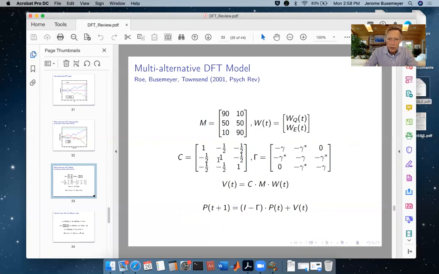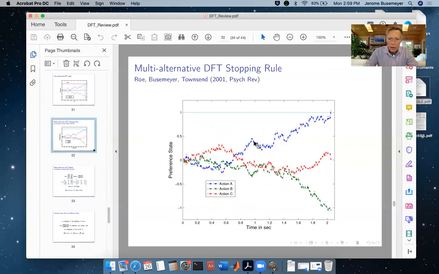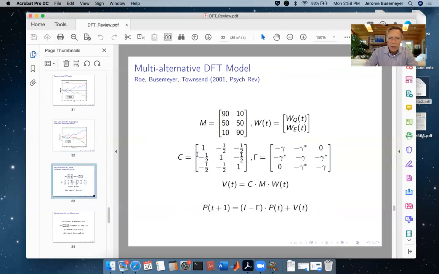Now the C matrix is doing the comparing of the alternatives. Like I said, these preference states have to sum to 0 all the time. That's what the C matrix is doing. It's going to be computing a relative preference for the BMW by comparing the BMW to the average of the Honda and the Ford.